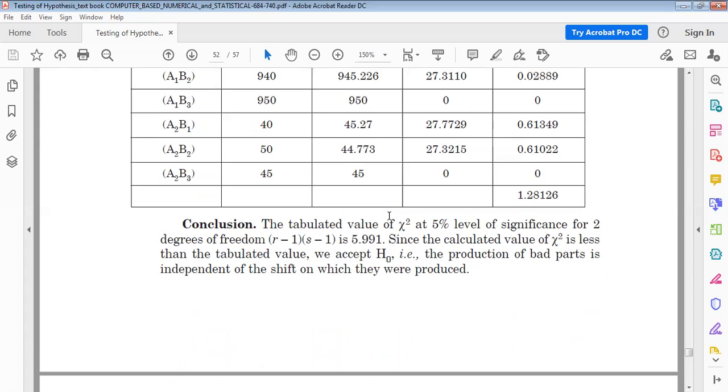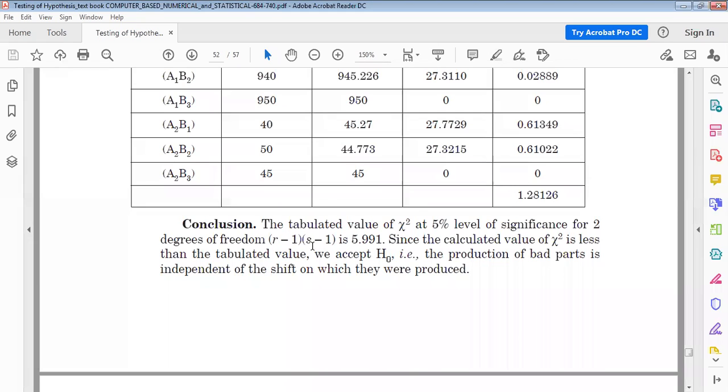The sum is 1.28126. Now the tabled value of chi-square at 5% level of significance for 2 degrees of freedom. Degrees of freedom for this case will be (rows minus 1) multiplied by (columns minus 1). Number of rows: 3 rows, 3 minus 1. Columns: 2, 2 minus 1.